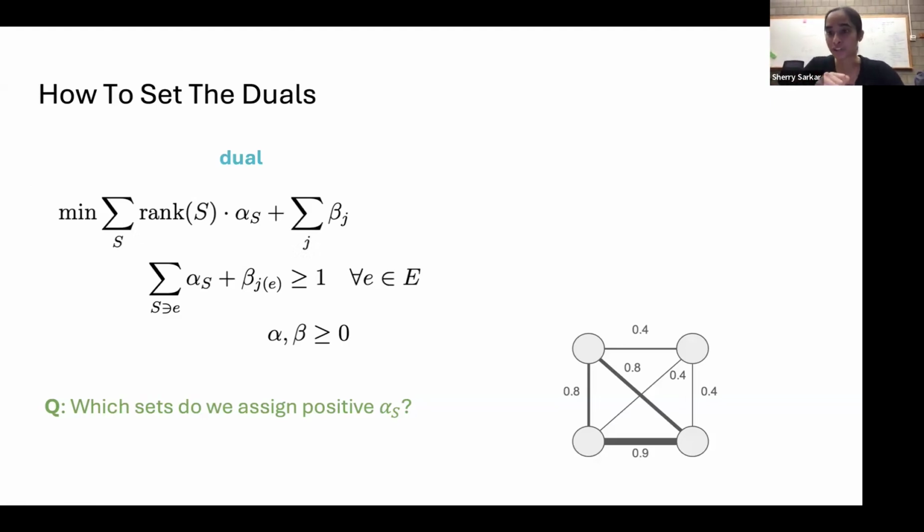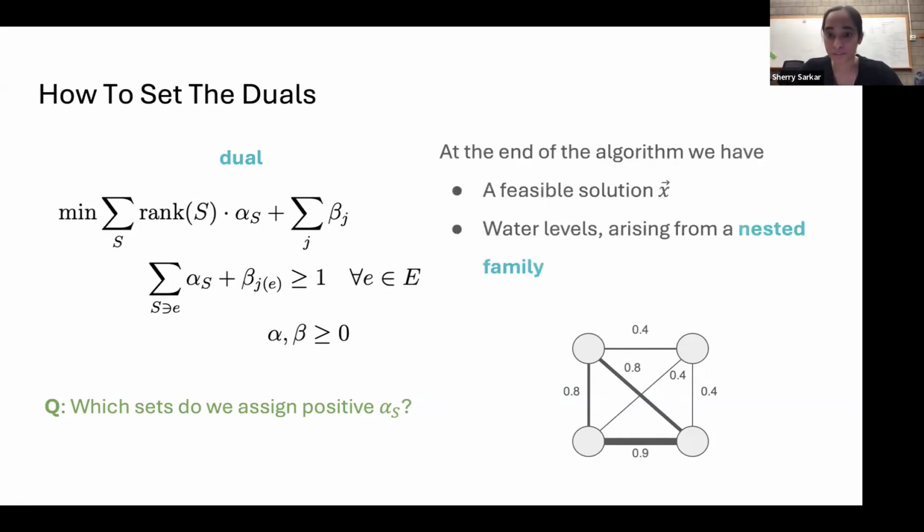So I think a critical question when looking at this dual is which sets do we assign a positive alpha S to? What's nice about all the algorithms I took us through for water levels is that it gives us the answer to this question. At the end of the water filling algorithm, what do we have? We have a feasible solution X, whatever the algorithm gave us. But we also have the water levels that arise from a nested family.